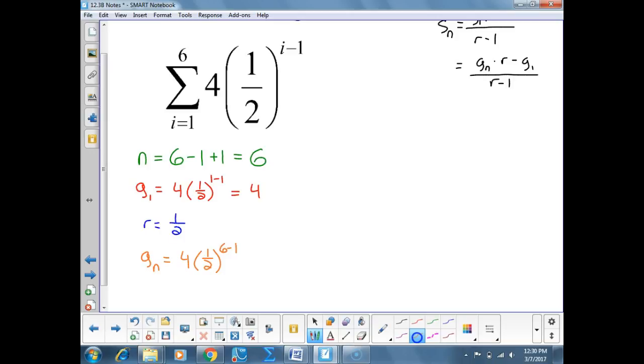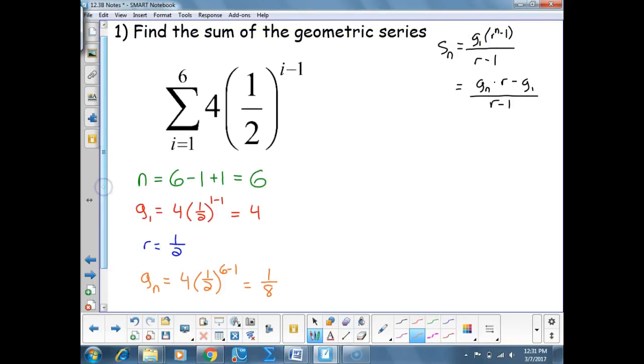Times 4 is 1/8. So I'll do the top one in purple.